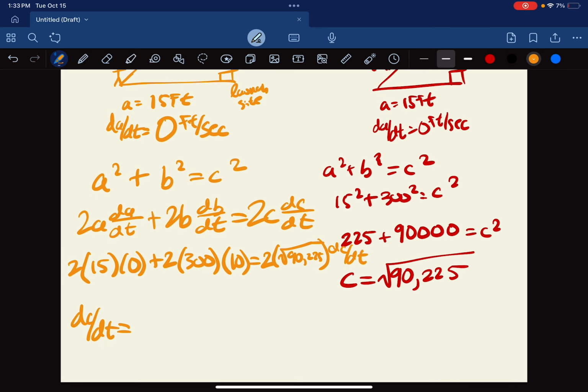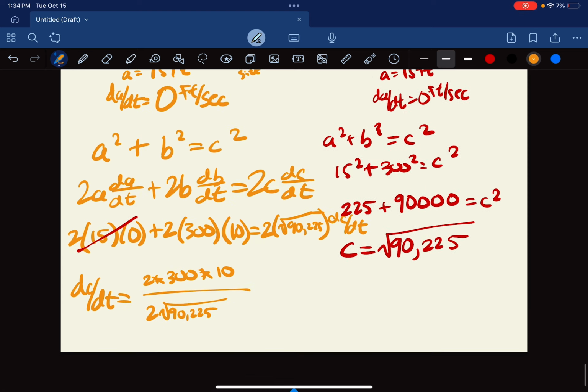Well, kind of like implicit differentiation, where you're trying to solve for d dt, we can divide both sides. This first term is just going to cancel itself out, because 2 times 15 times 0 is just 0. So this is going to end up being 2 times 300 times 10 divided by 2 times the square root of 90,225.